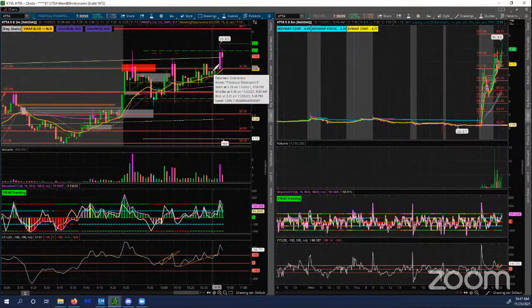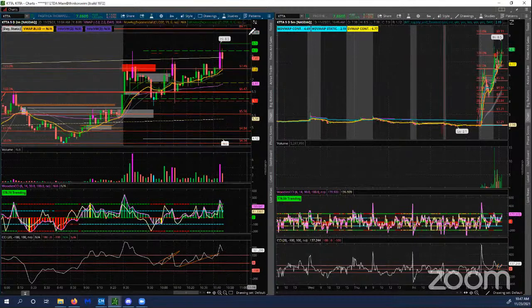So the next play would be that since we're above the halt, it becomes a potential support. So now we're looking for those hammers and closes above it. What's likely to happen is we could get a halt up now and a gap up.